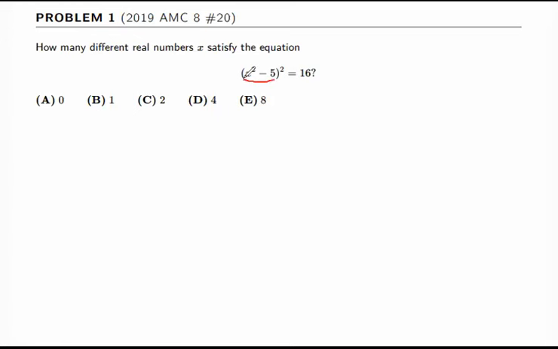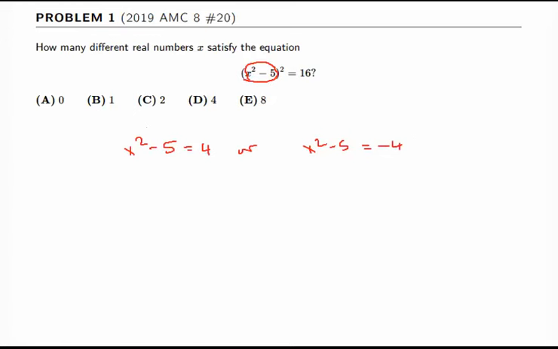We have an expression to the second power that is 16, which means x squared minus 5, whatever that is, has to be 4, or x squared minus 5 has to be -4, because if you square 4, you get 16, and if you square -4, that's also 16. And by using this, what do you guys think? Do we have anything helping from here?